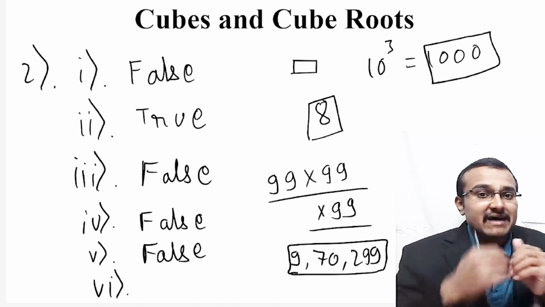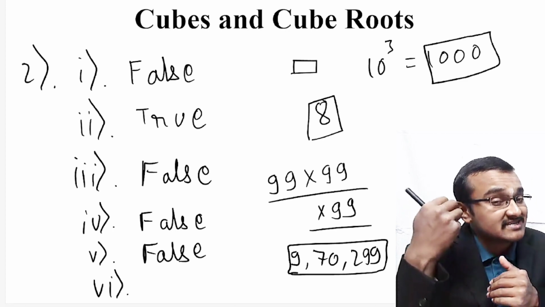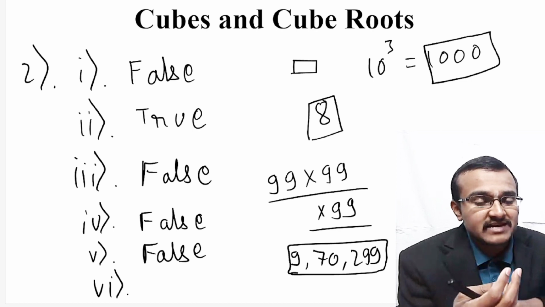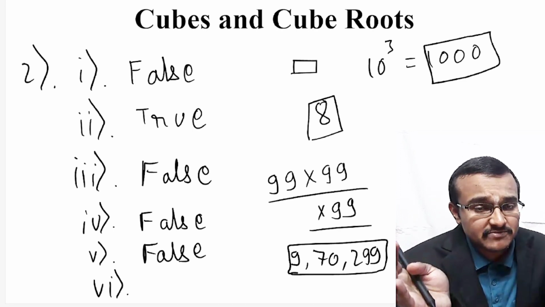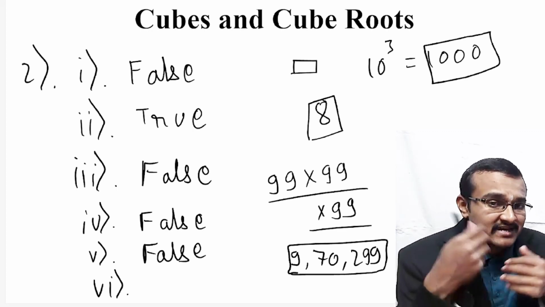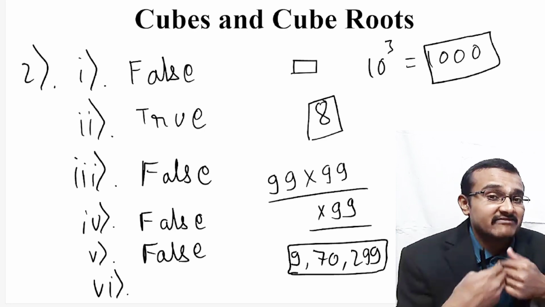Here you can clearly see the cube of 99 has 6 digits in it. 99 is the maximum 2-digit number, so even the maximum 2-digit number has only 6 digits in its cube. That means the cube of a 2-digit number cannot have 7 digits or more.